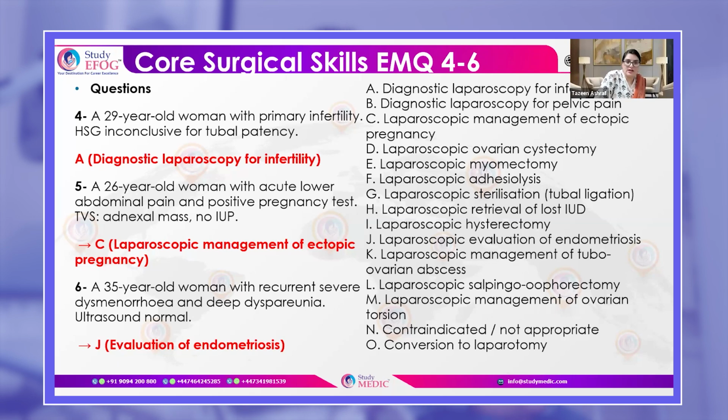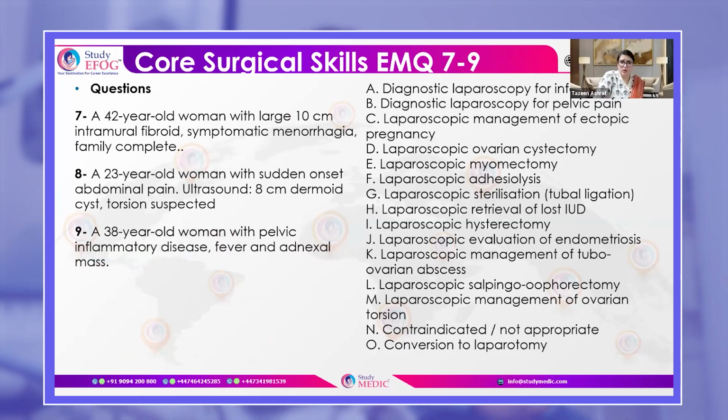35-year-old woman with recurrent severe dysmenorrhea and deep dyspareunia, and ultrasound is normal. So deep dyspareunia is there, severe dysmenorrhea is there, reproductive age group is there. That sounds like endometriosis. We can evaluate the woman for endometriosis, as this can be the suitable option in that scenario. The next question says that a 42-year-old woman with large 10 centimeter intramural fibroid, symptomatic menorrhagia, family is complete.